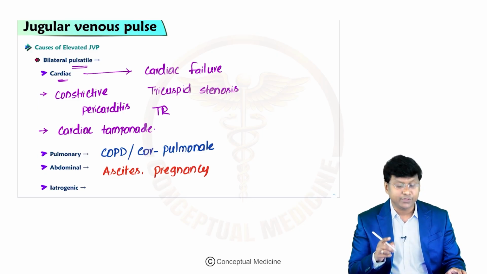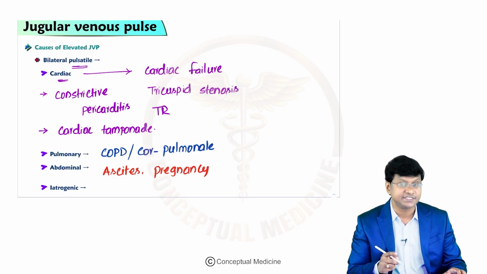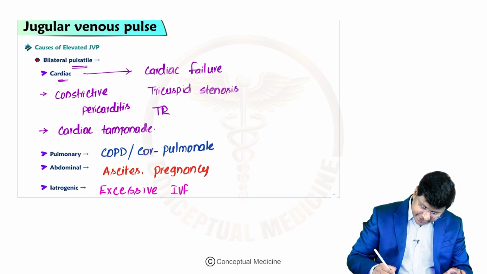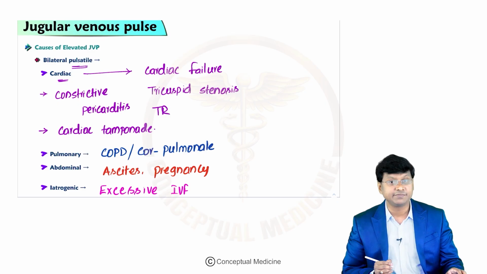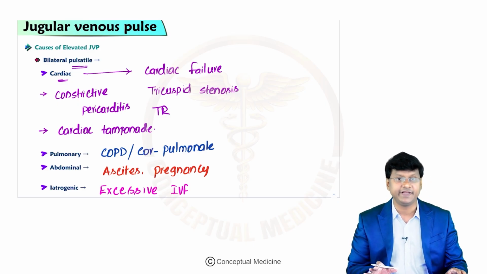Whereas the iatrogenic causes for increase in the JVP include excessive IV fluid supplementation. So these are all the causes for elevated JVP.